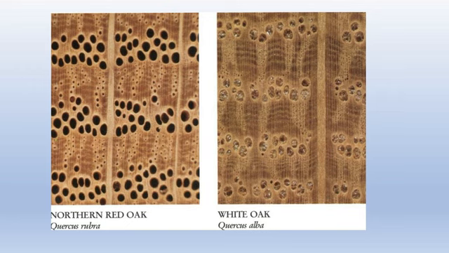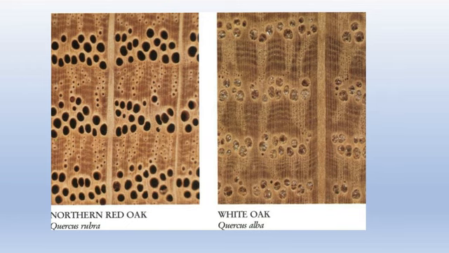And white oak on the right hand side, same thing, except they're different sizes. The late wood pores are more abundant. They're wider chains, whatever they're called.